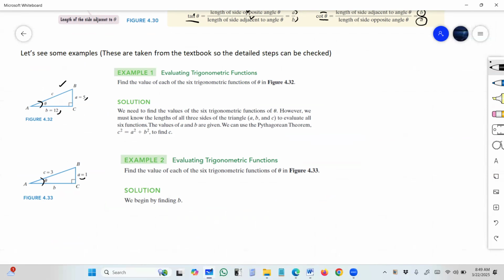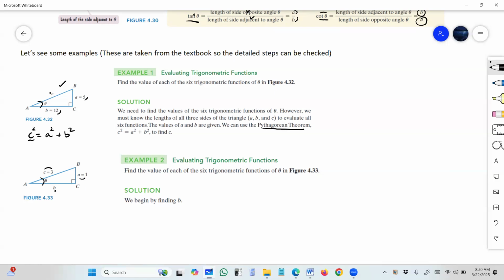Or we can give you the hypotenuse and just one of the other two sides. It doesn't really matter which way we give you. You can always find the missing side by the Pythagorean theorem. Okay, so you remember the Pythagorean theorem is c squared, meaning hypotenuse, equals a squared plus b squared.